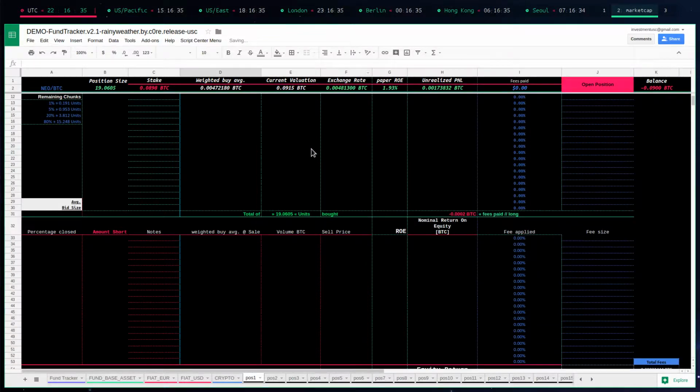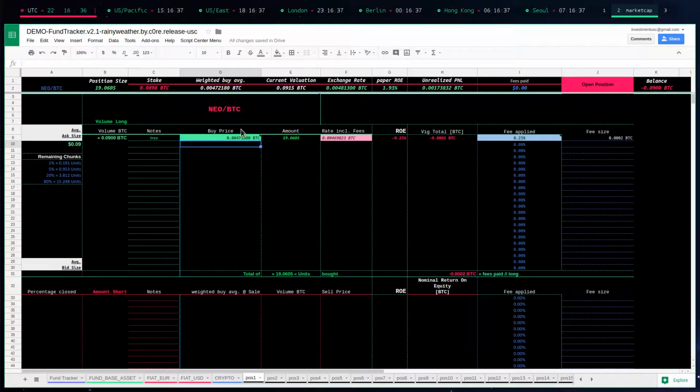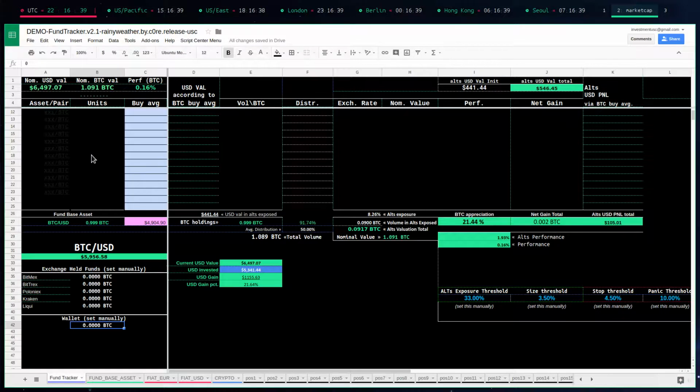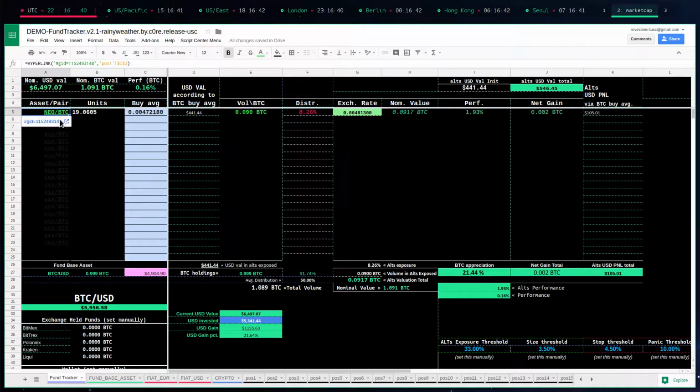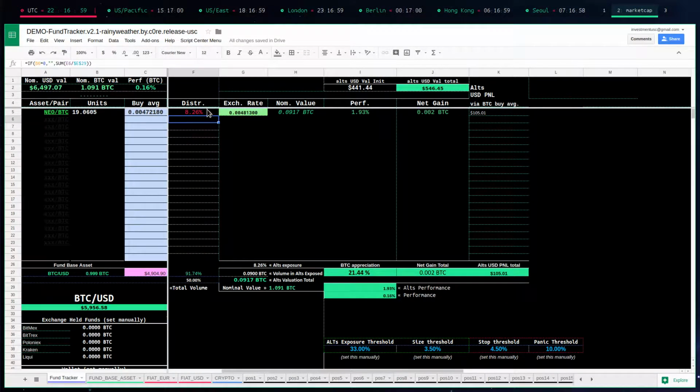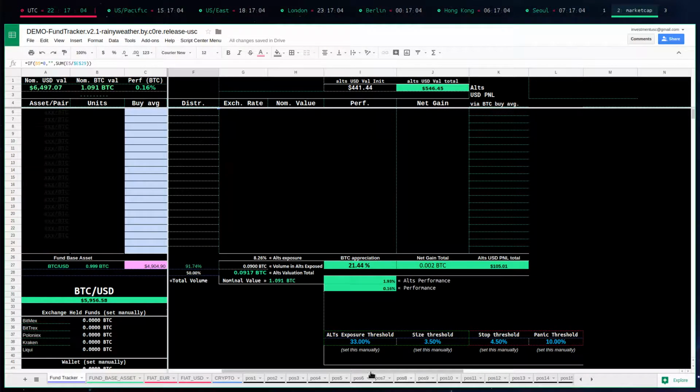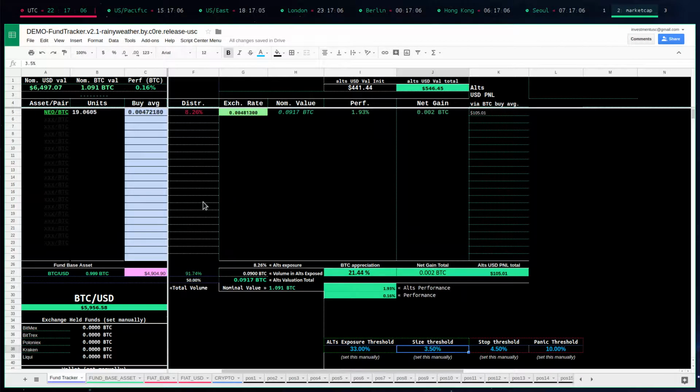All right, so all these values up there get live updated, and this also reflects in a positive Neo position of 19.06 etc units with a US dollar value according to our Bitcoin buy average of $441, which makes up 8.26% of our portfolio, which is above our size threshold.